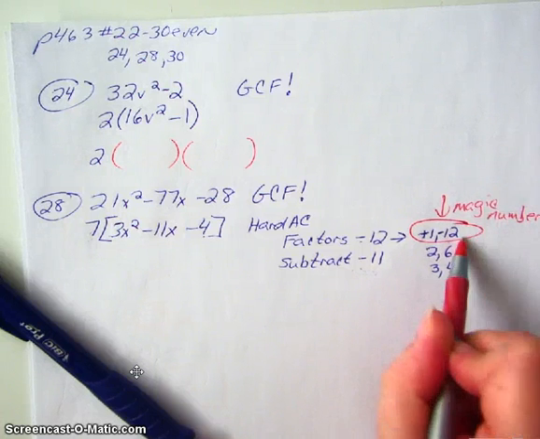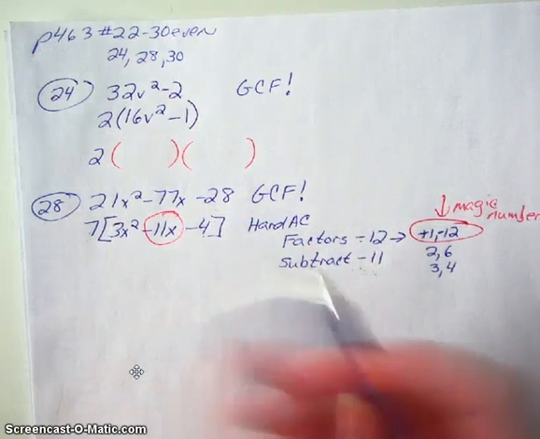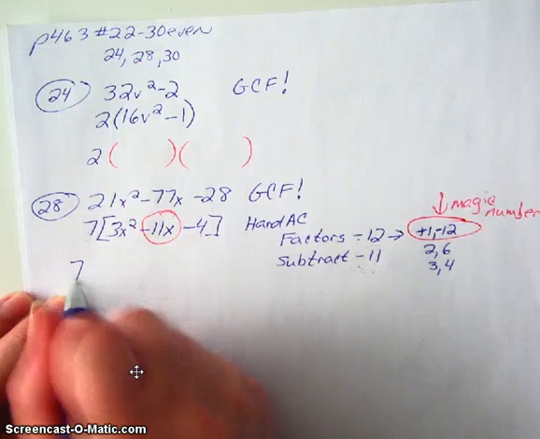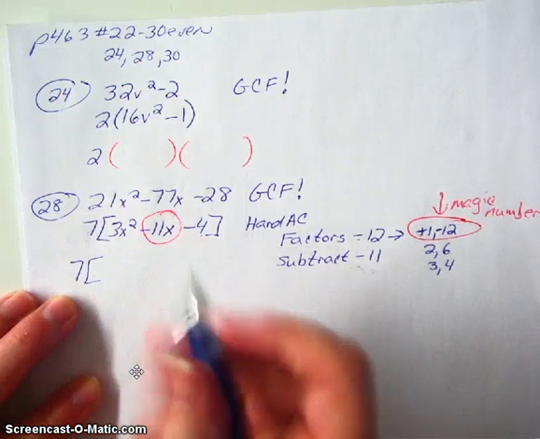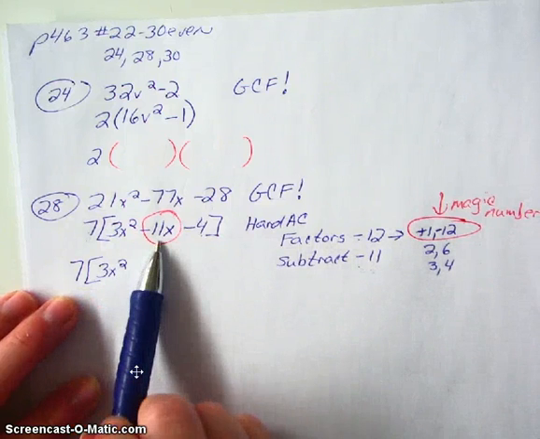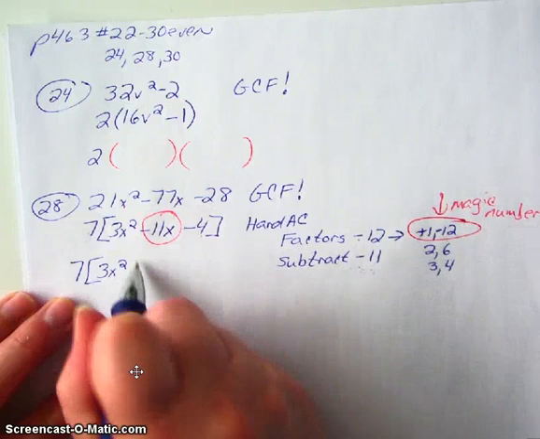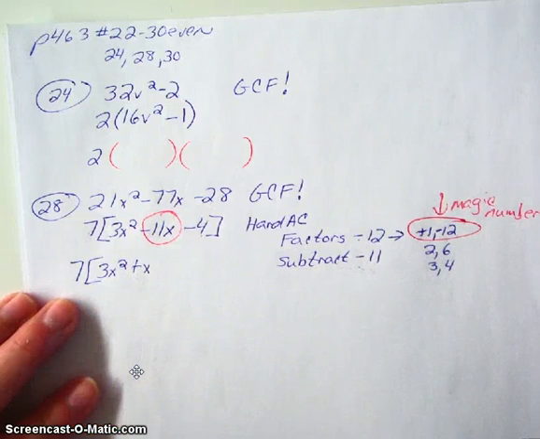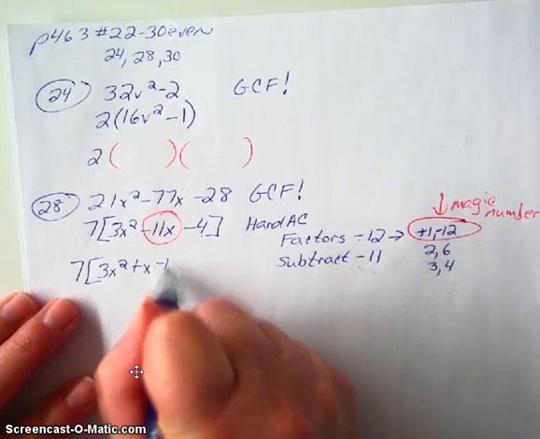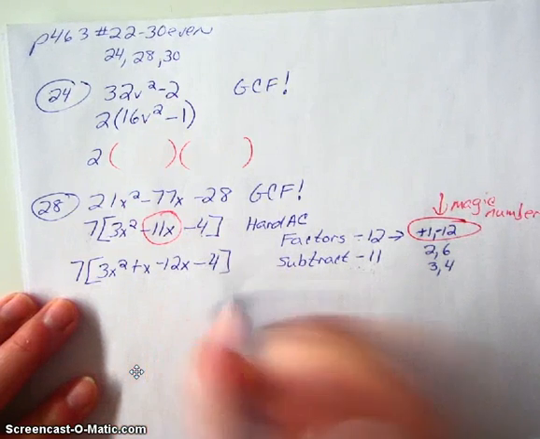Okay, so I'm going to replace those numbers there where negative 11x is. Okay, we have to bring this 7 down. All right, and then we're going to write 3x to the second, but instead of negative 11x, I'm going to write positive 1x, or just x, and then minus 12x, and then the negative 4, right?